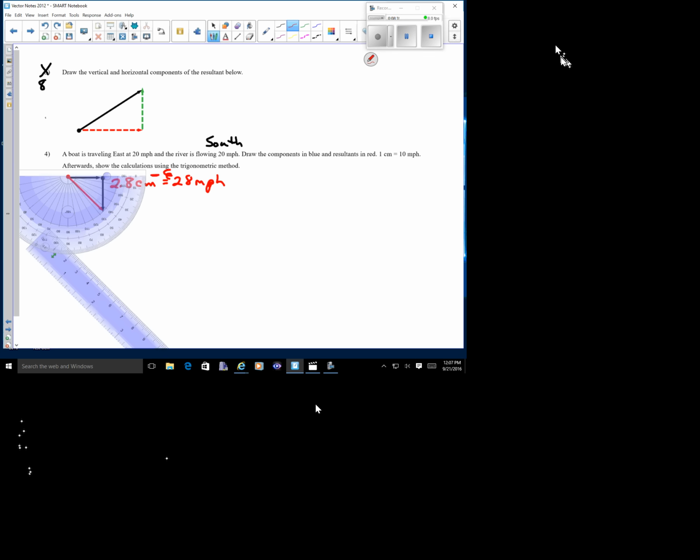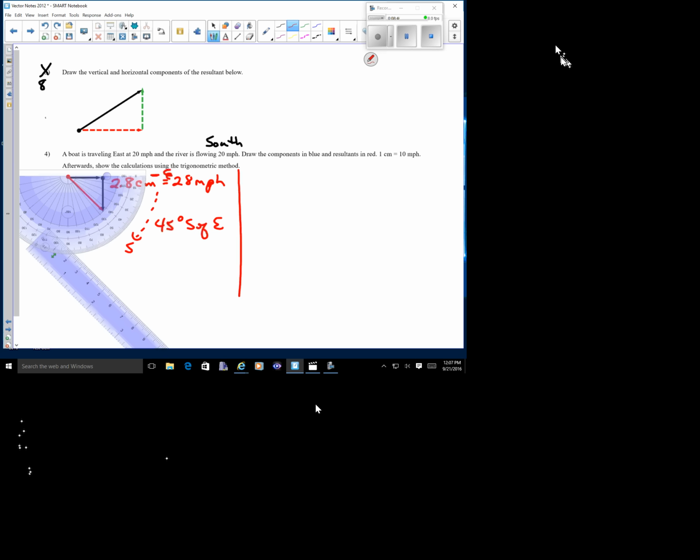Well, then it says afterwards, show this using trigonometry. Well, if you're trying to figure out the distance, or the speed that it went, it's much, much easier if you use trig, because we know that a squared plus b squared equals c squared.